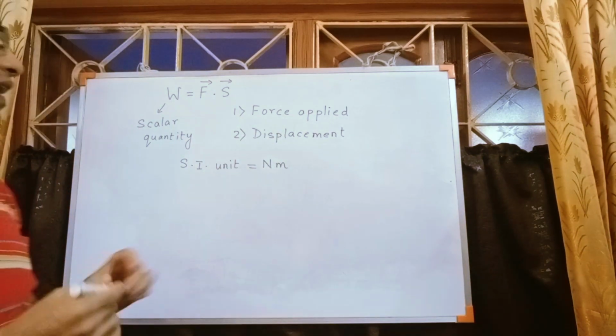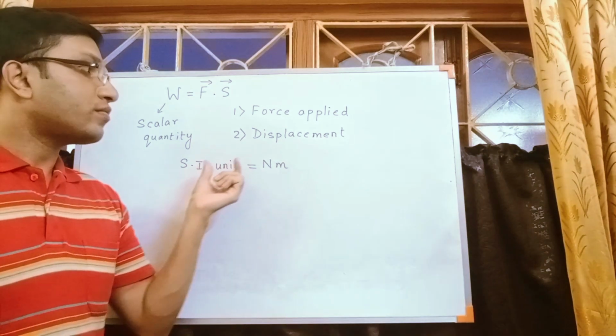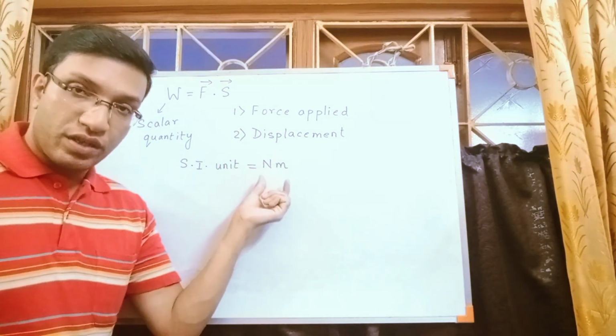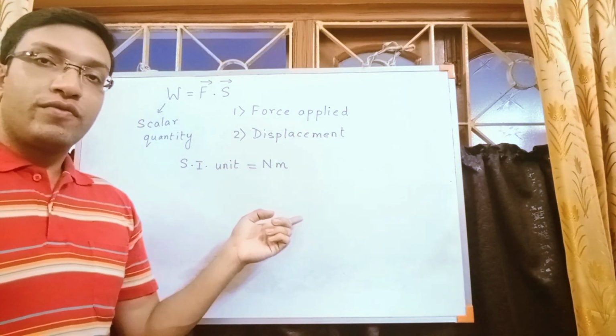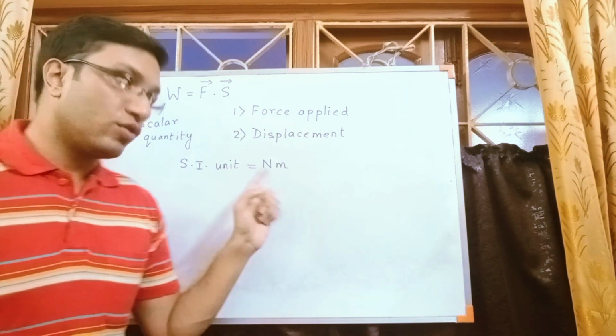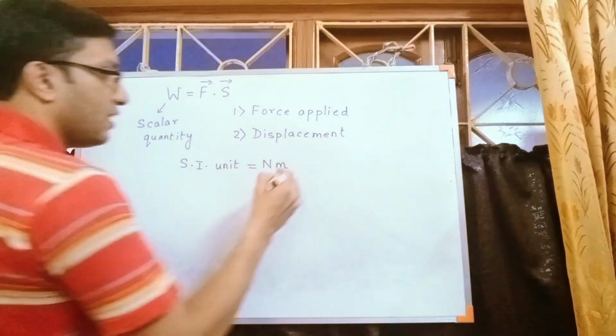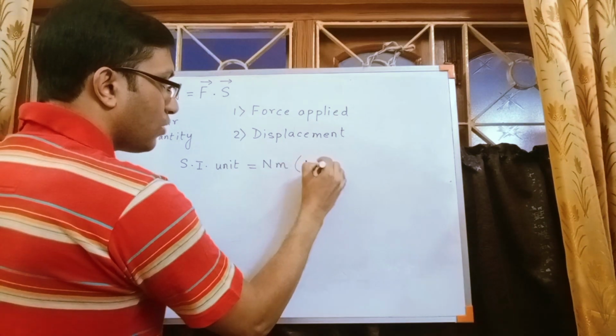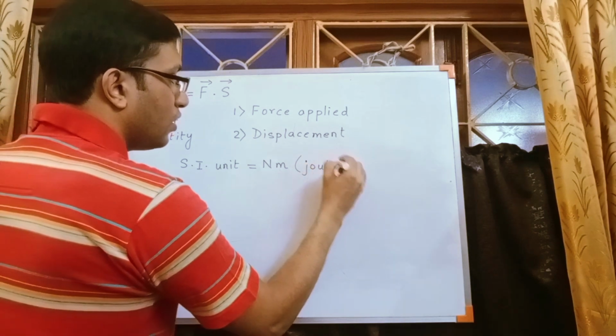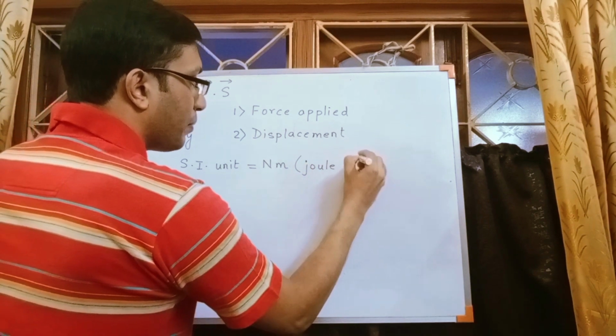So, the SI unit of work done is Newton meter, but Newton meter is also the SI unit for moment of force. So we combine this and the SI unit for work done comes out as joule, abbreviated as capital J.